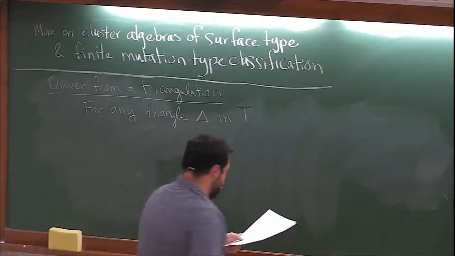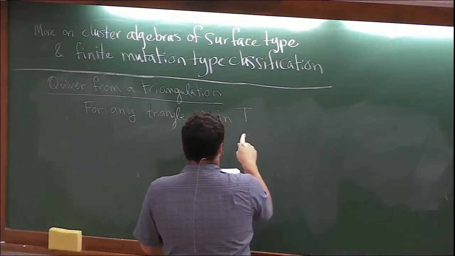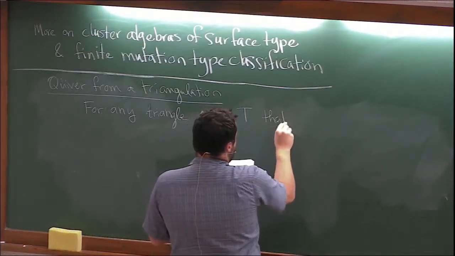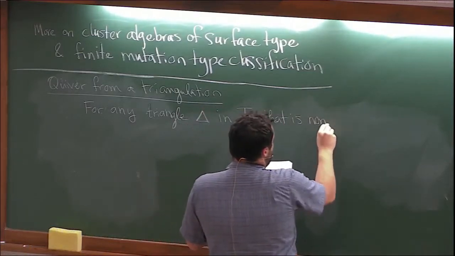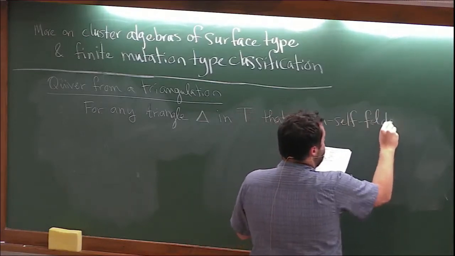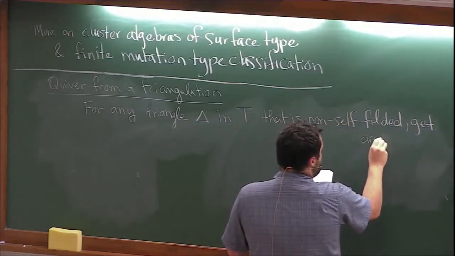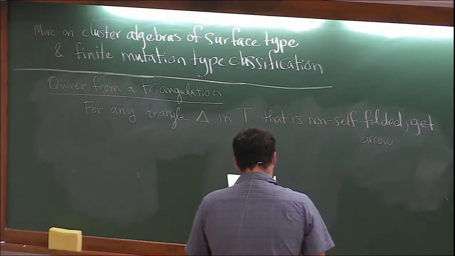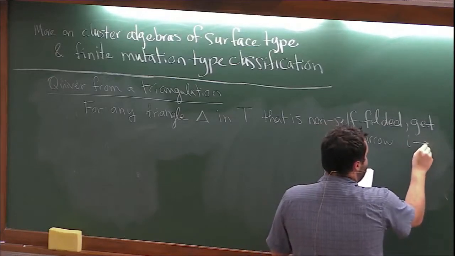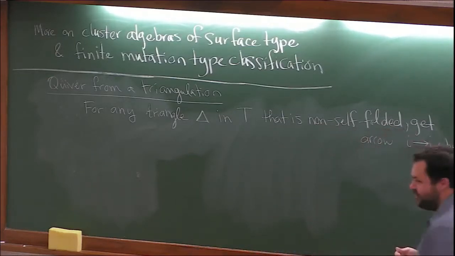So if I have any triangle that's non-self-folded, I get an arrow. So I get an arrow from i to j when, I'm labeling my vertices by 1 through n, and I'm labeling my arcs from gamma 1 to gamma n.